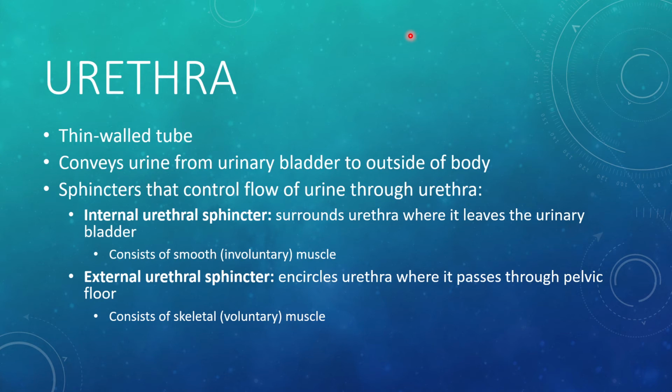When we feel the urge to urinate and we feel that contraction of our bladder, we consciously hold back the urine with our external urethral sphincter, while our internal urethral sphincter is just relaxed and ready to let urine come out. The conscious control again comes from the external urethral sphincter, which encircles the urethra where it passes through the pelvic floor.